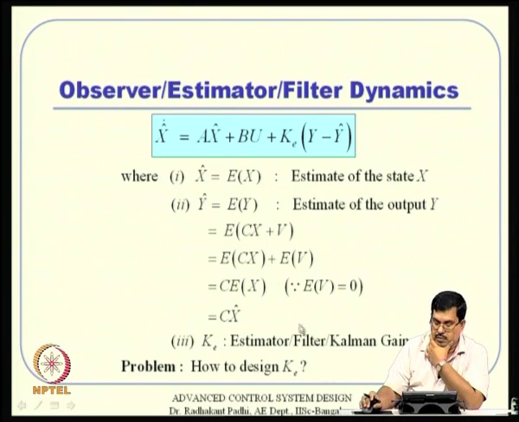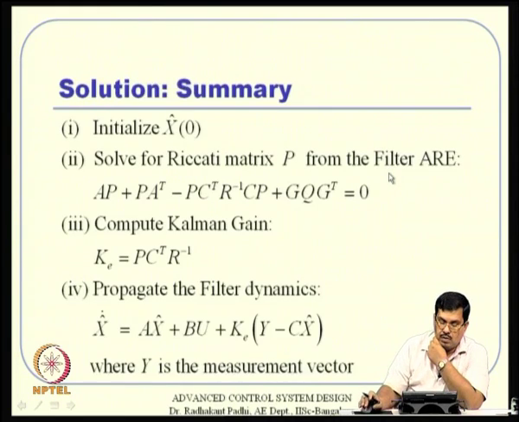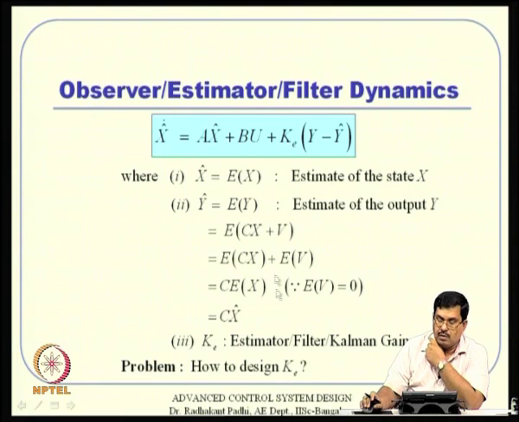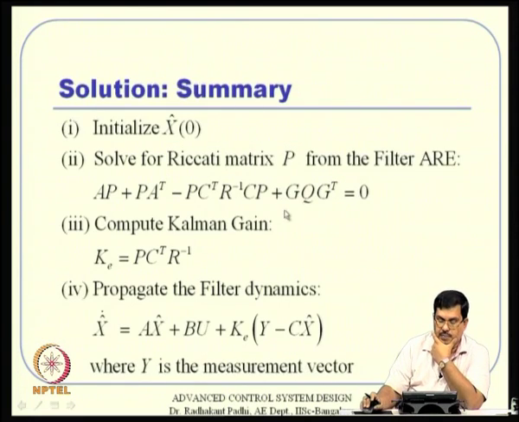Now, the problem is how do you come up with this design of Ke. This is what is required anyway. Without that, we will not be able to propagate the system dynamics actually. So, we will not go through the entire derivation. It will probably require a full class. So, what I will tell is just a summary of it.